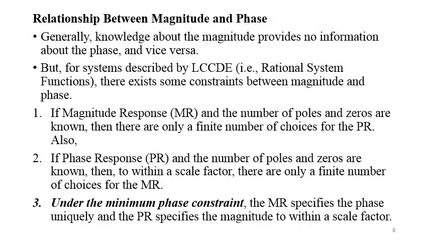Also, if the phase response and the number of poles and zeros are known, then within a scaling factor there are only a finite number of choices for the magnitude response. So under the minimum phase constraint, the magnitude response specifies the phase uniquely, whereas the phase response specifies the magnitude to within a scaling factor.